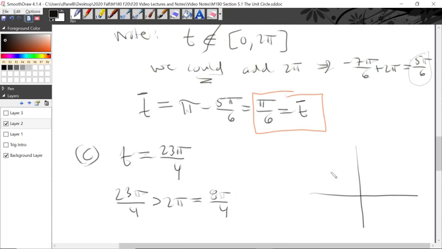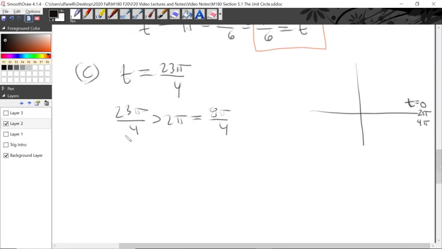That t is positive, so we are moving in the positive direction. By the time we've gone around one complete rotation, we would have gotten back to where t is equal to 2 pi. So t is equal to 0 here, t is equal to 2 pi, t is equal to 4 pi, etc.